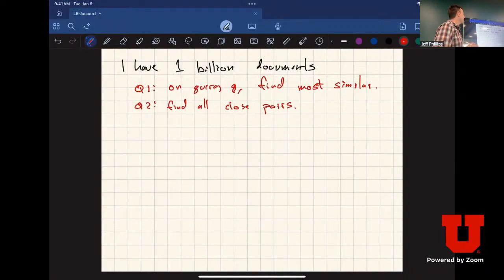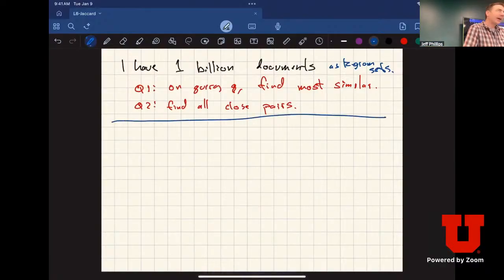I want to be able to do this, but now I've stored all the documents as sets, remember, as k-gram sets. So I want to do this efficiently. Now it's a data structure question again. I promise it wasn't going to be as much data structure as the last lecture, but we'll talk a little bit about it.